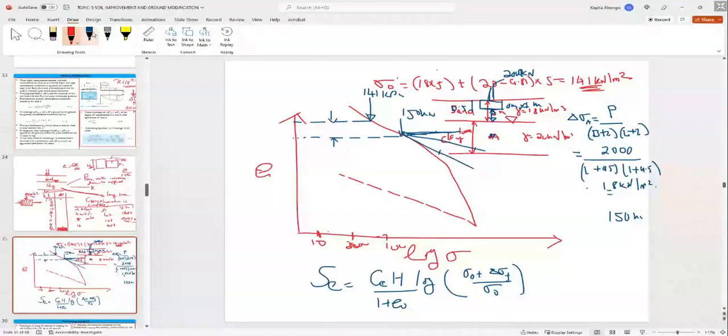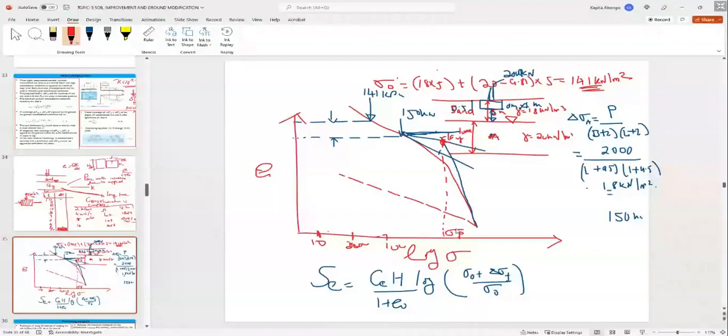Let me use this blue line. Bring a line almost straight. It is going to touch that at this point here. When you drop that down here, that becomes the pre-consolidation pressure. That's the maximum stress to which the soil was subjected in the past.